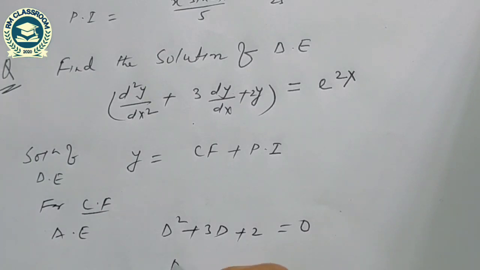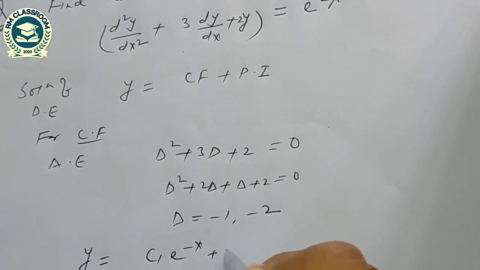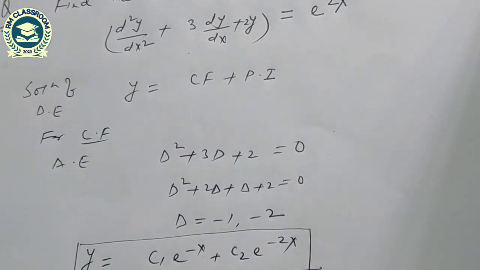So we can write D square plus 2D plus D plus 2 is equal to 0. So D is equal to minus 1, minus 2. This is our first case in the complementary function, when our roots are real and distinct. So y is equal to c1 e to the power minus x plus c2 e to the power minus 2x. So this is the solution of complementary function.